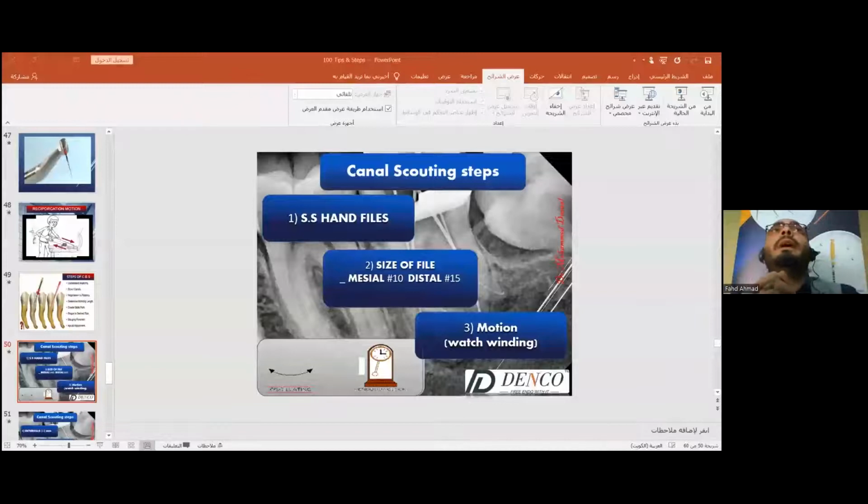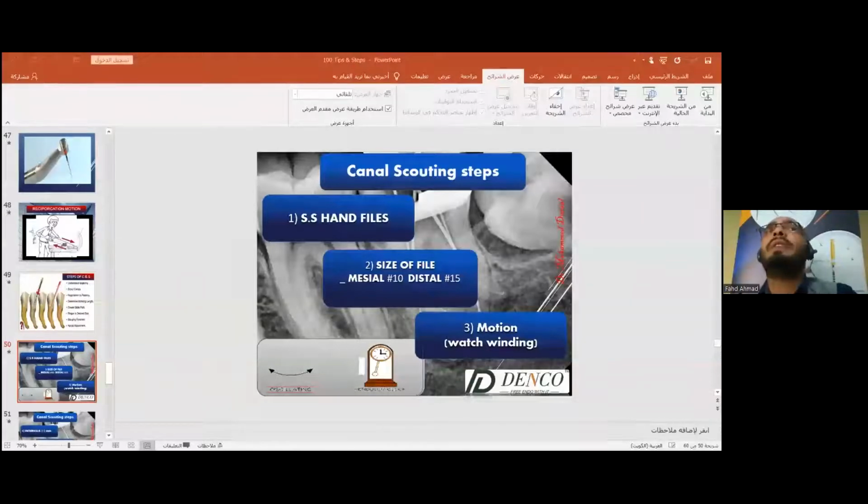The first step of canal scouting is you should use a stainless steel hand file, because they have the required rigidity and elasticity. The second step is size 10 or 15, also a stainless steel hand file.